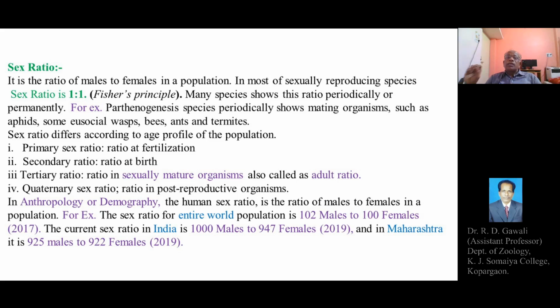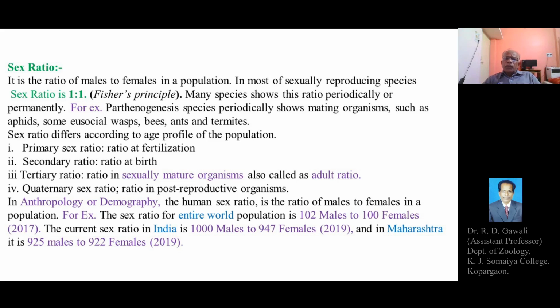This is also the sex ratio of males to females among human beings in Maharashtra, which means there are three females fewer in Maharashtra as per the survey of 2019. So this is what we have on the age ratio and the sex ratio.